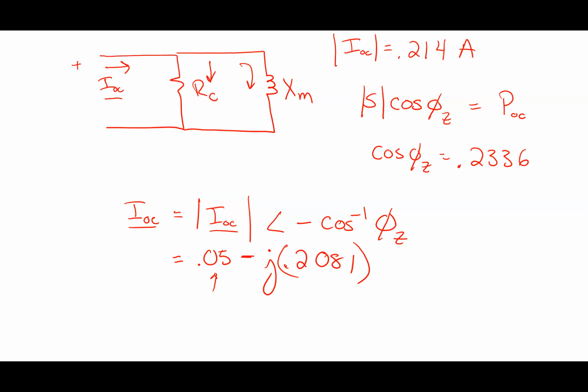So what I ended up doing is I said X_M times 0.2081 equals 8,000 volts, because I know that this voltage is 8,000 volts.